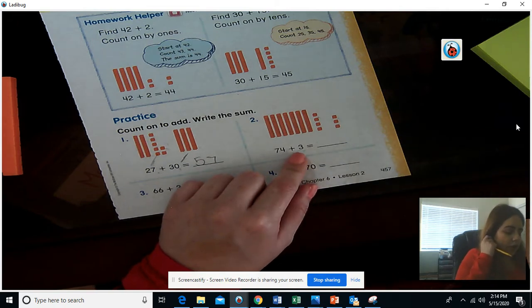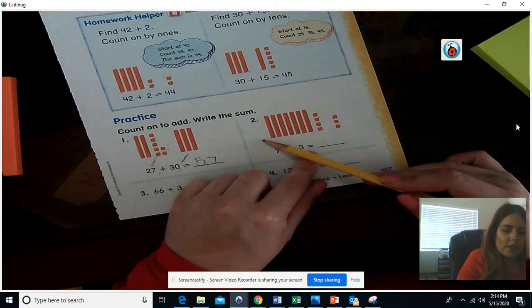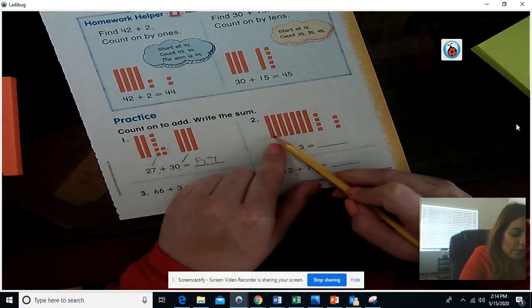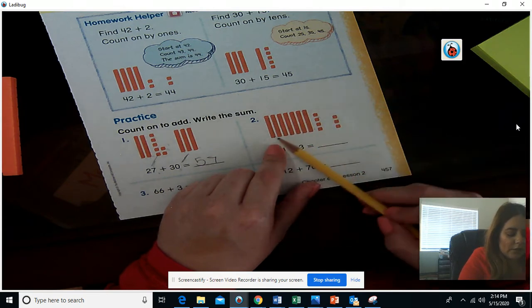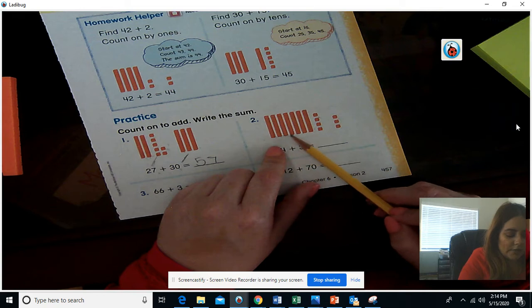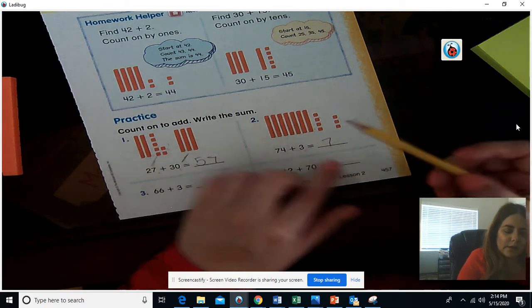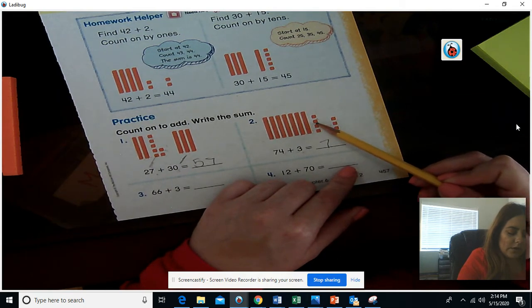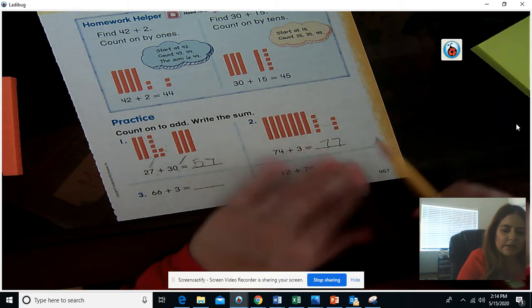So in addition, did we add another group of 10? No. So we're still going to have 7 groups of 10. Or we can count 10, 20, 30, 40, 50, 60, 70. 70, and then we're going to add these. 71, 2, 3, 4, 5, 6, 7. 77.